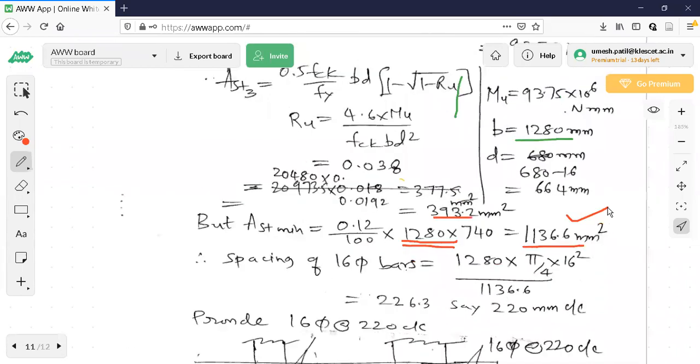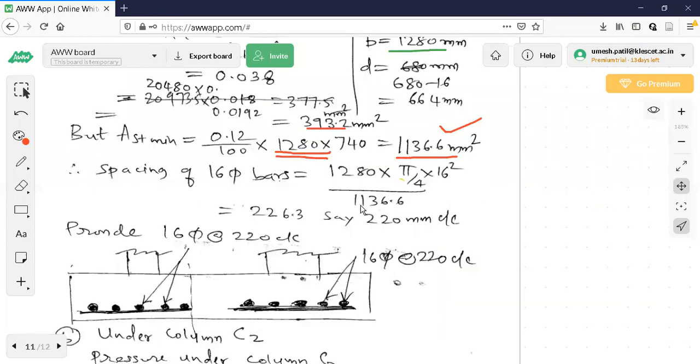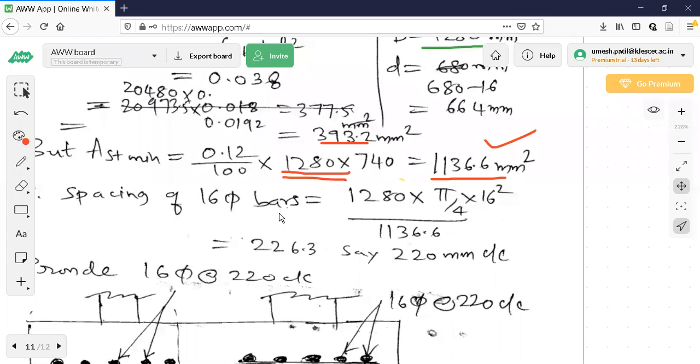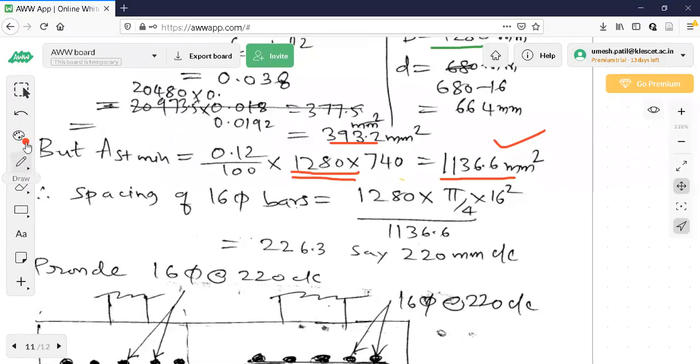provide steel now. Again observe here, all these are important. How do you find the spacing? Spacing of 16 mm bars is equal to, again I am not going to use 2000 here, because only in this width I am supposed to provide the reinforcement. These are very important, only by practice I am telling you.